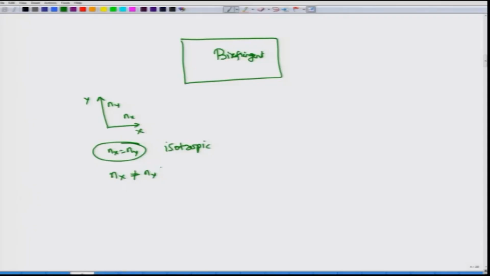Anyway, that was just a digression. What we are really looking at mathematically is a pulse which is propagating in a medium with nx not equal to ny, and such a medium is called a birefringent medium, or in general an anisotropic medium.